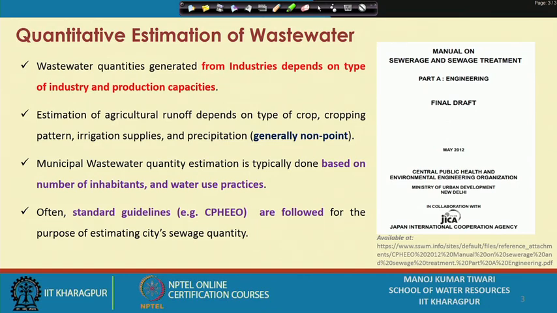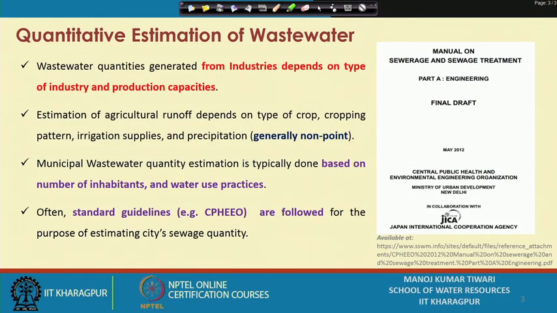If we intend to manage the wastewater being generated out of a city, the first information that will be needed is how much is being generated. It is not that just by knowing the size or area of the city or its population, one can straight away tell that this much wastewater will be generated.